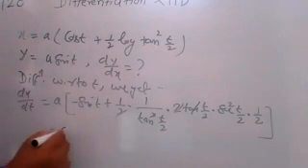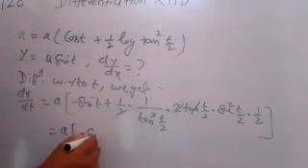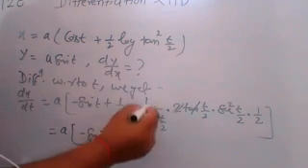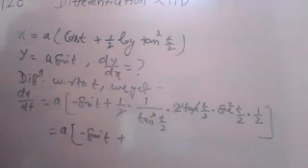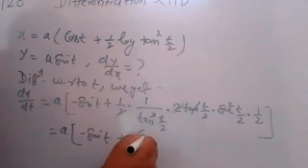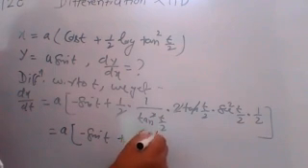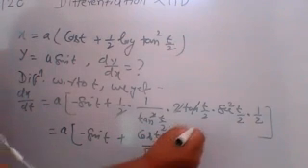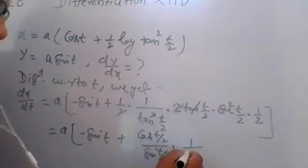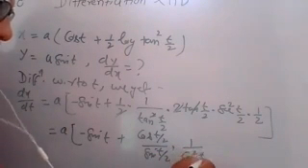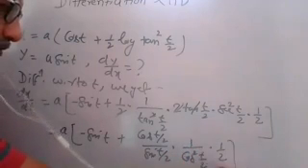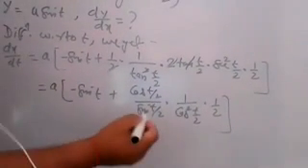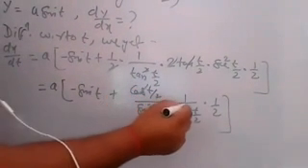So you have a into minus sine t plus cos t by 2 upon sine of t by 2, and you write it in terms of sine and cos. And here you write 1 upon cos square t by 2 into 1 by 2.